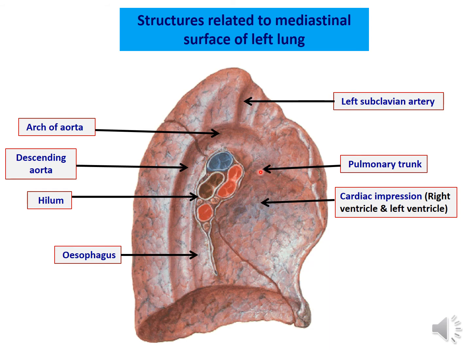And in front of the hilum, a bit lower, you can see a huge impression. This is the impression formed by the heart. Particularly it is related to the right ventricle and left ventricle. So collectively it is again called the cardiac impression. Hope you understood the impressions of the mediastinal surface of the left lung.